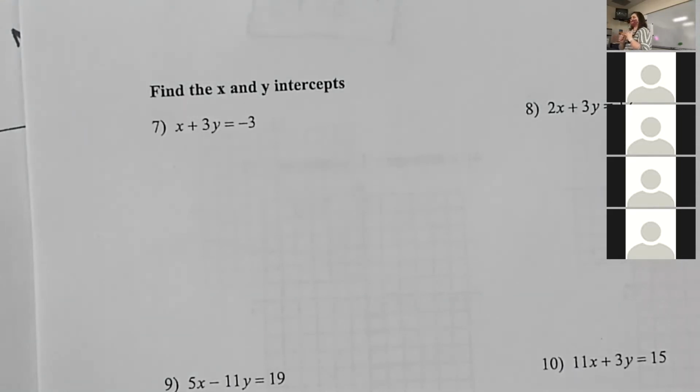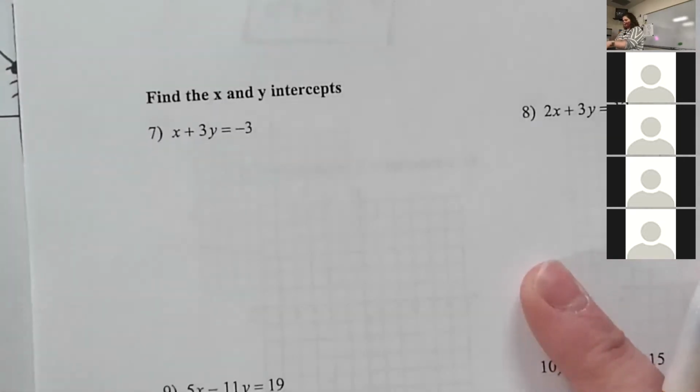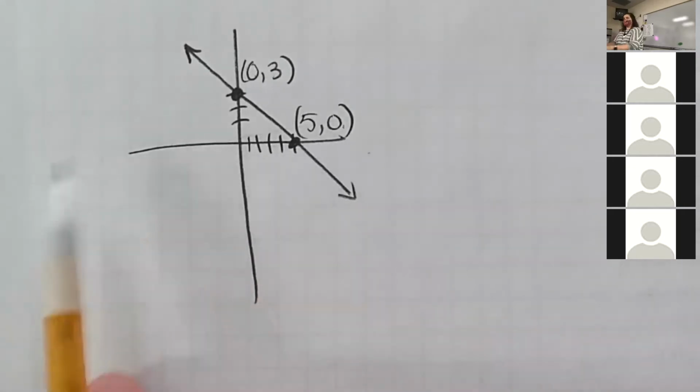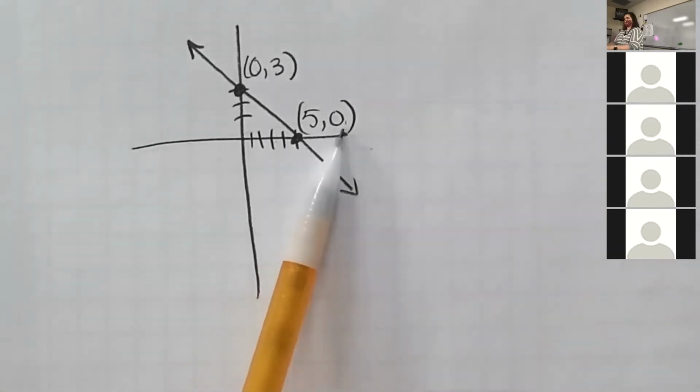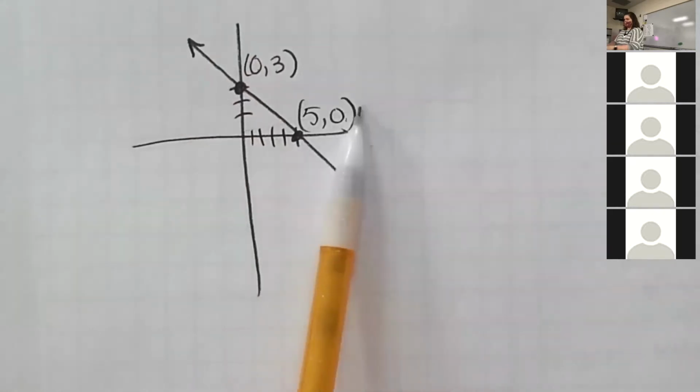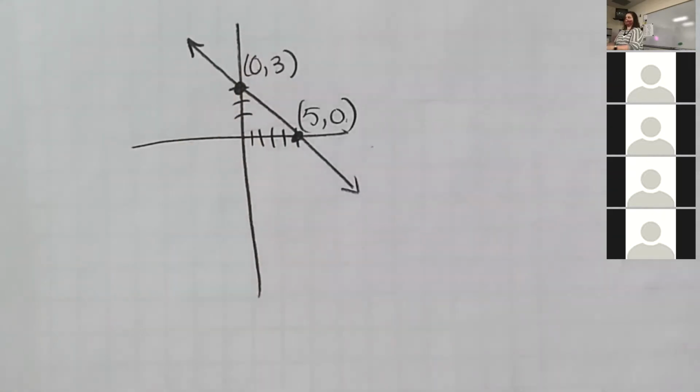Well, think back to when I drew this at the beginning. When I asked you to find the x-intercept, what did I have to put in? 0 for y. If I asked you to find the y-intercept, you put 0 in for x.